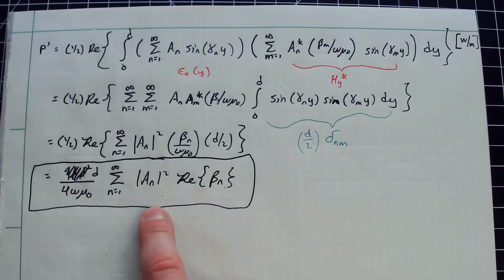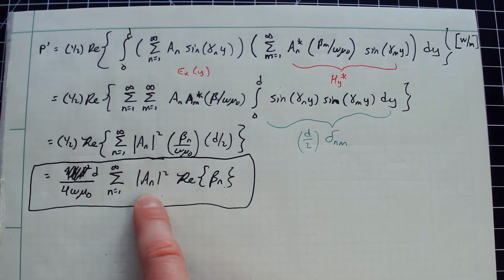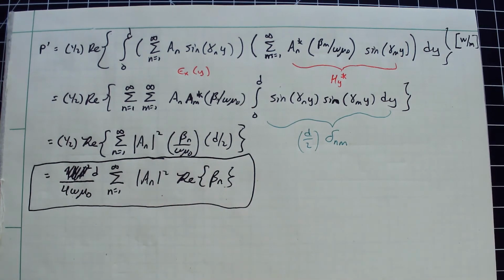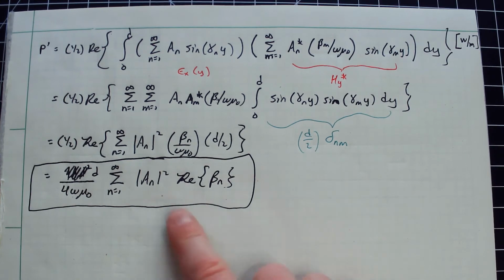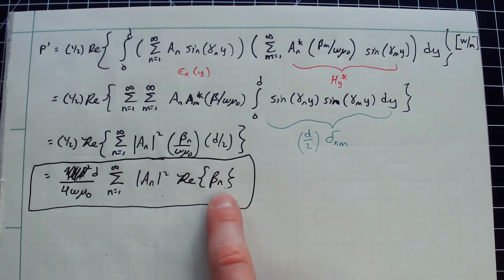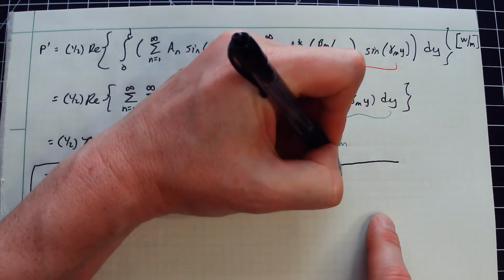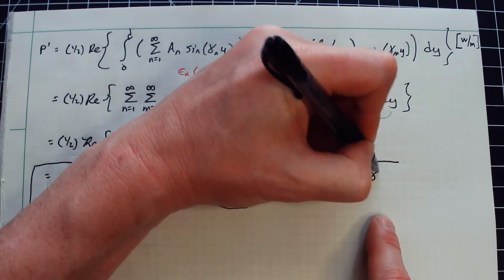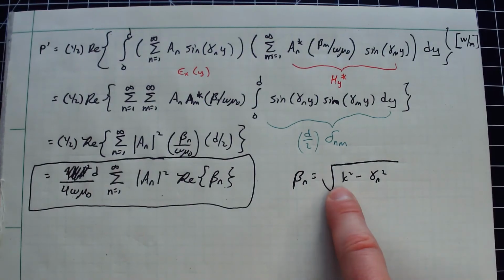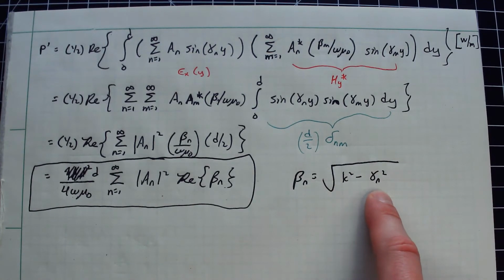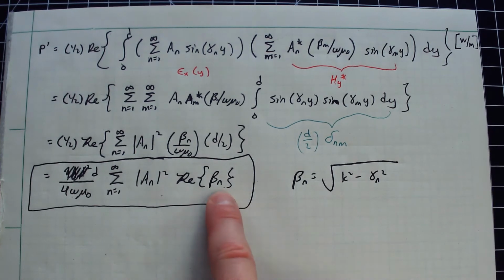So you notice each one of these little terms basically represents the power flow in a particular mode. And if I have a bunch of modes, I'm just adding up the powers in each individual mode until something special happens. Remember, beta n is equal to the square root of k squared minus gamma sub n squared. So as long as k squared is bigger than gamma, this will be purely real valued, and nothing special is going on here.